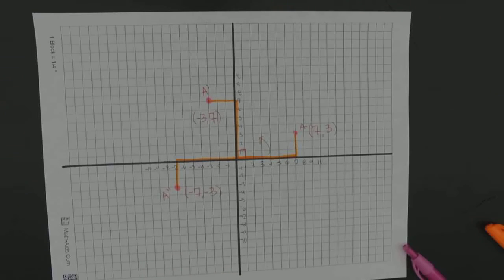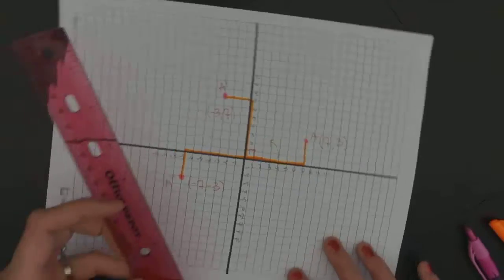Okay, now if you're like, I'm not sure if I did it right, that's totally fine, I get that. There's a trick you can do that will show you if you did it right. You can draw a line from your original to your origin, which is 0, 0, your center of rotation, and then to the point that you rotated, so your final point, and it should make the angle that it tells you.